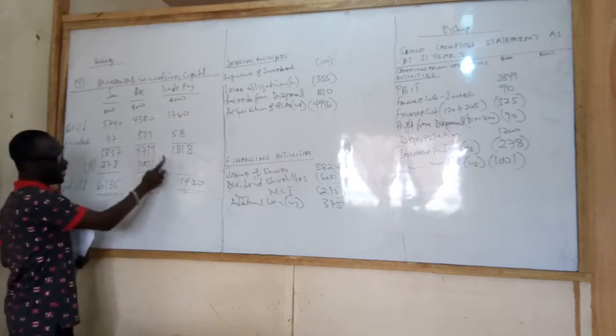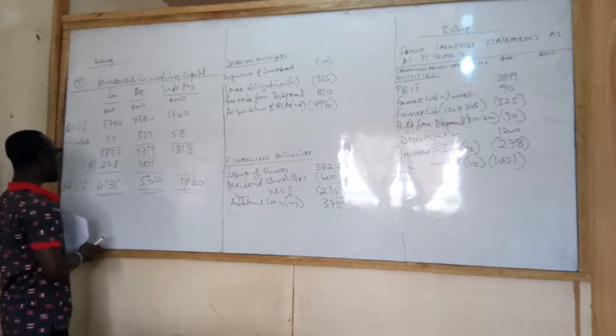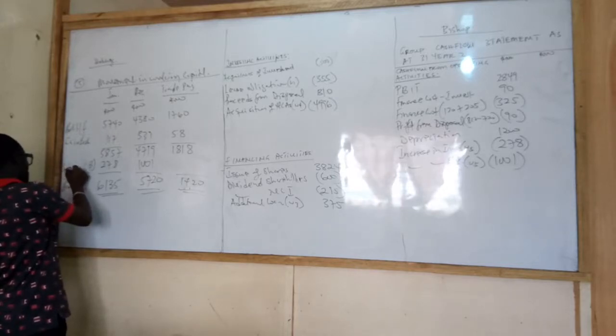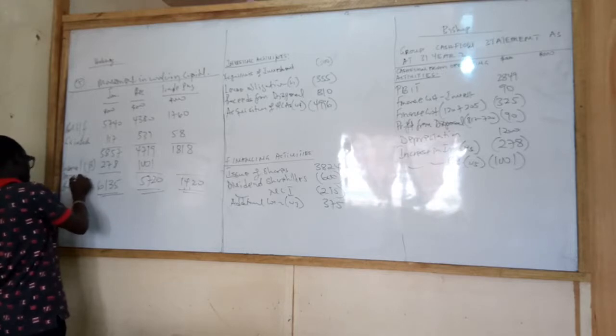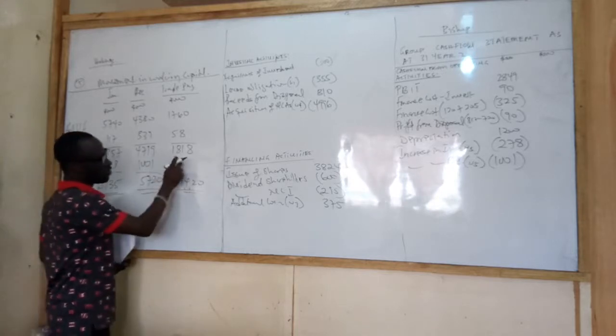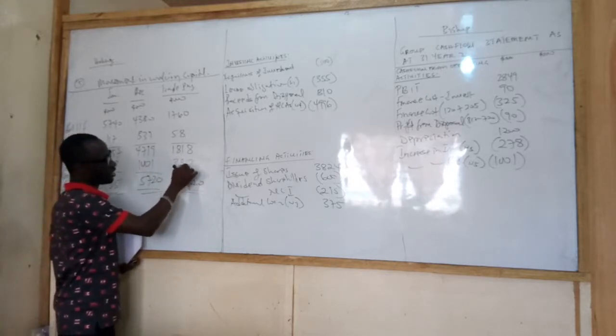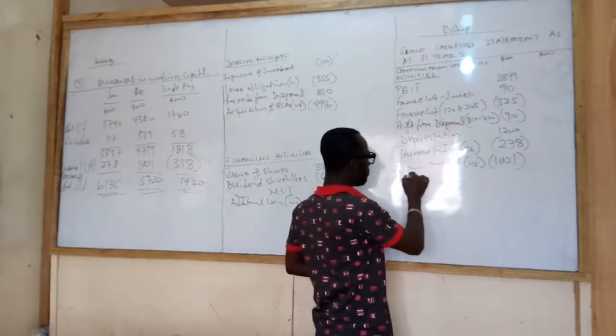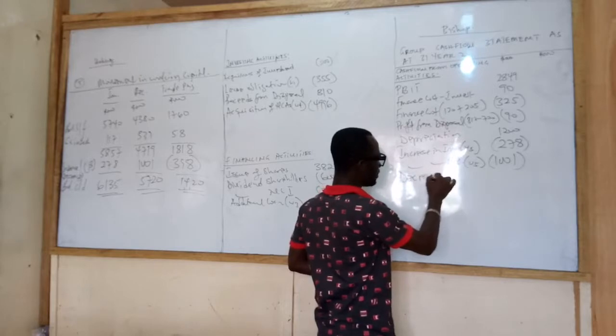Okay, payables, what's happening? It's falling, I guess. By? It's falling by 398. What's the difference here? 398. It's negative, isn't it? So a decrease in trade payables means what? We are paying.